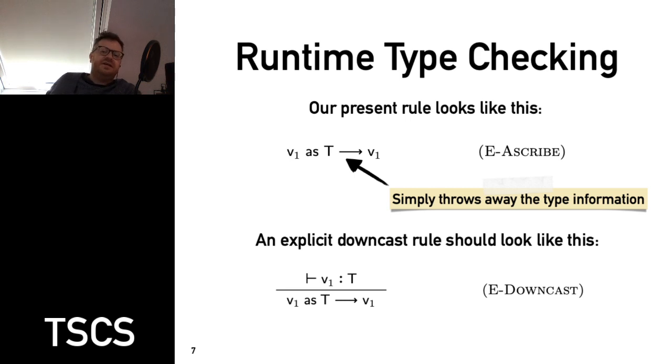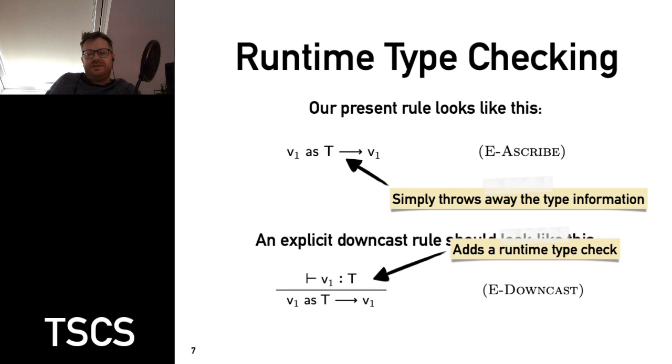And this can be made at runtime because at runtime you know what v1 and t are, and then you can do a type check, and this will work. This is the runtime type check. Of course, this also adds the complexity of your type check to your execution engine.